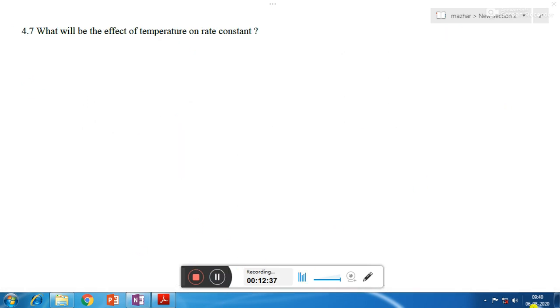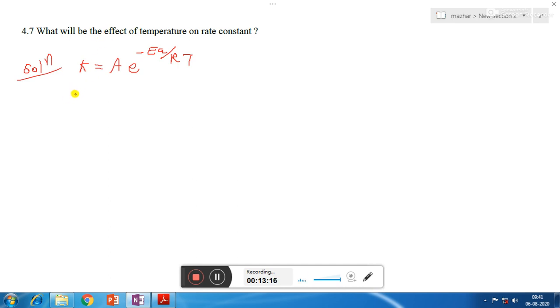Now in text 4.7: what will be the effect of temperature on rate constant? Here we will see that according to the Arrhenius equation, the equation of Arrhenius on the basis of rate constant and temperature is K equal to A into e raised to minus Ea upon RT.